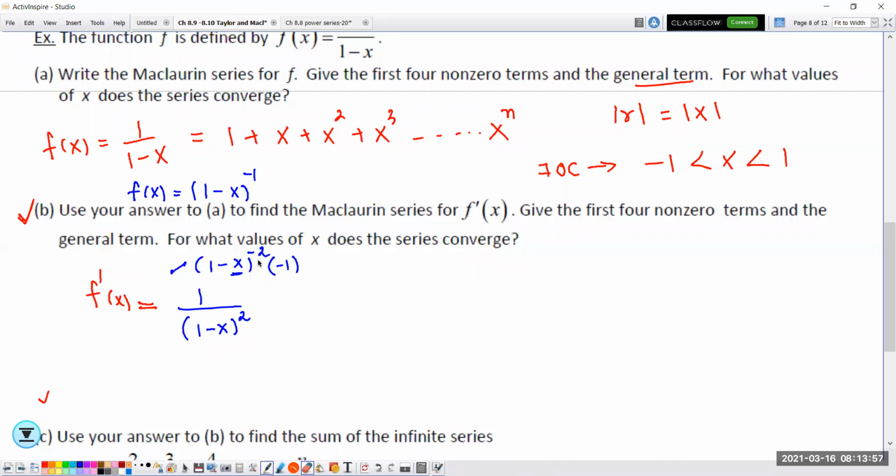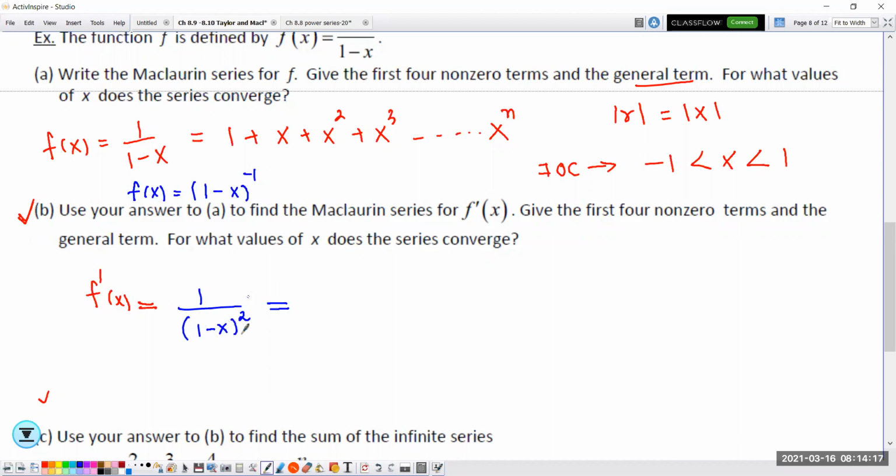We have come so far in BC calculus that we forget the basic derivative rules. So -1 times (1 minus x) to the -2 times the derivative, which is -1, and two negatives make a positive. So this is a very interesting multiple choice question.